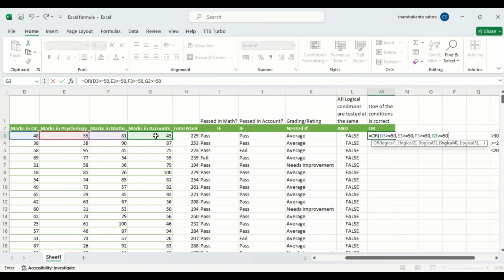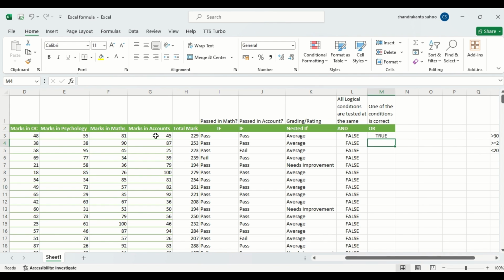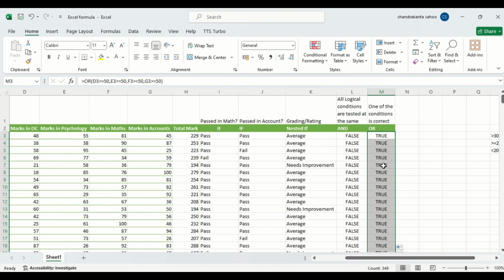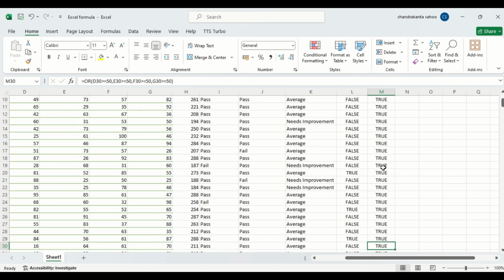Then bracket close. It is true because one of the conditions is found to be true. You can see so many of the conditions are found to be true here.